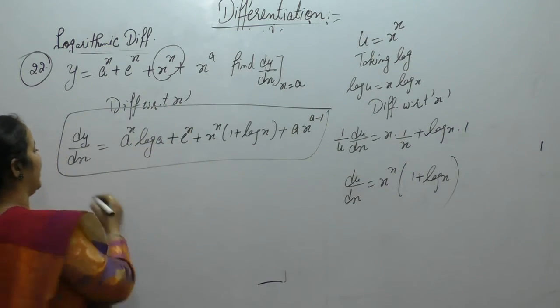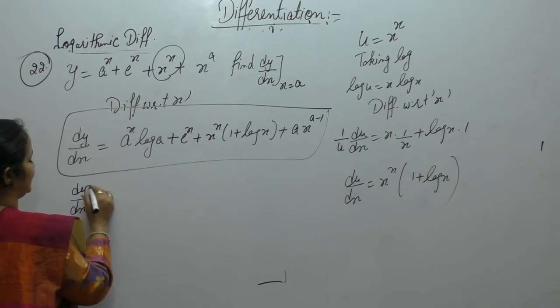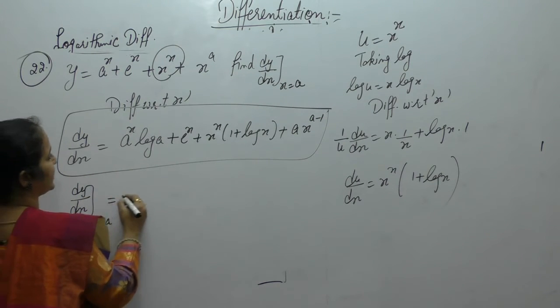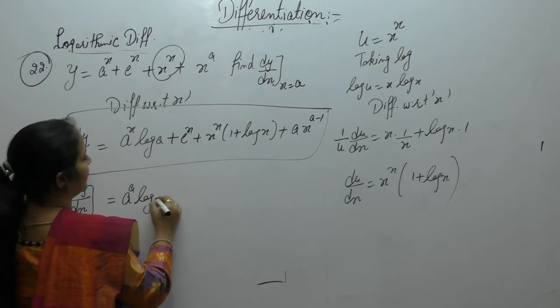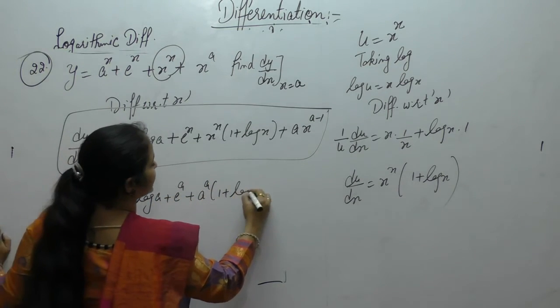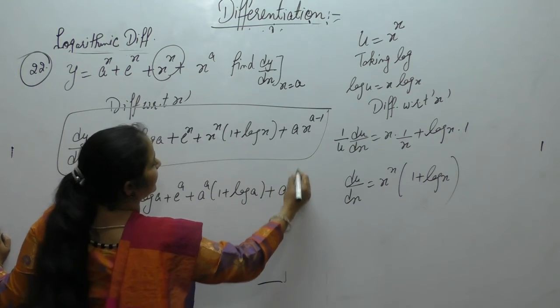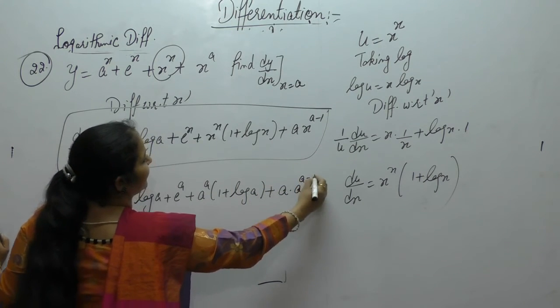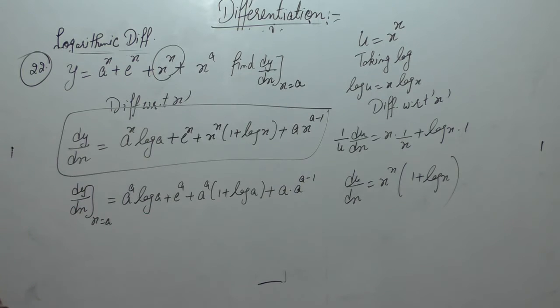But we want to find dy upon dx at x is equal to a. Instead of x, put a: a power a log of a, e power a, a power a 1 plus log of a, plus a, x is a power a minus 1.